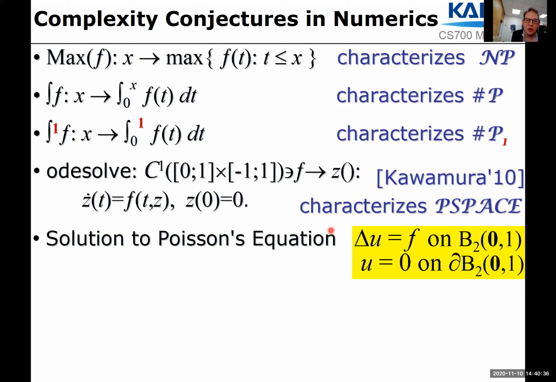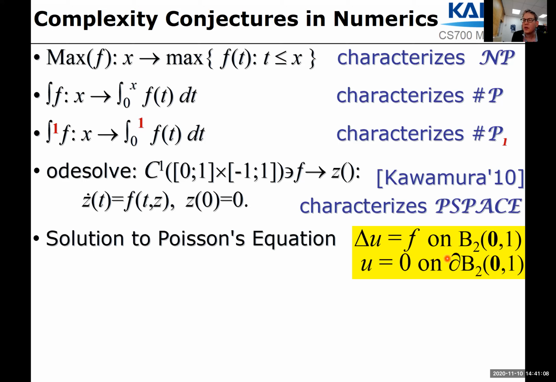Specifically, we're going to look at the computational complexity inherent to Poisson's equation. Here you see Poisson's equation, which is a second order in space partial differential equation. It's a linear partial differential equation. Here we consider the variant of Poisson's equation with given right-hand side inside the, let's say, two-dimensional unit disk.